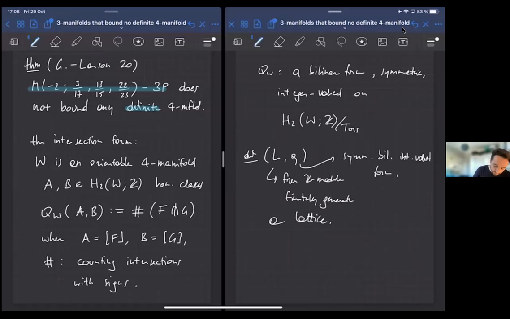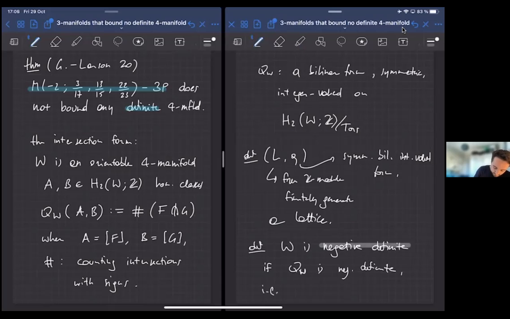And I will say that W is negative definite if Q of W is negative definite.